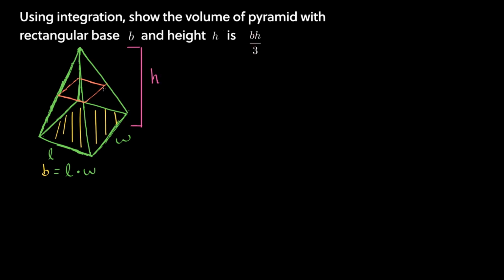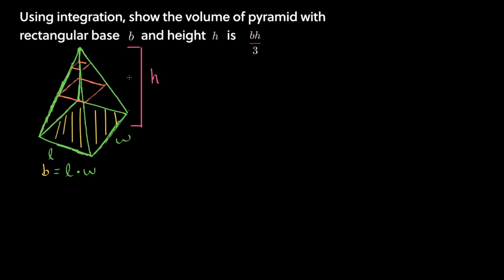But you can notice, as we take slices, the side lengths of these rectangular slices are going to be varying. They're going to be changing. As we move further up our pyramid, these lengths are completely different than these lengths here. So how do we start to describe those things? If all we have are fixed lengths and we need to somehow describe varying lengths, how do we do that?